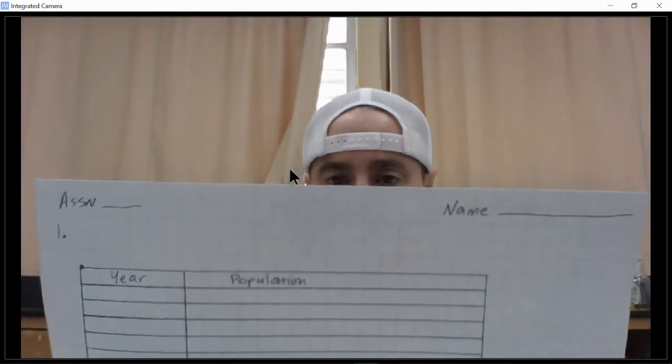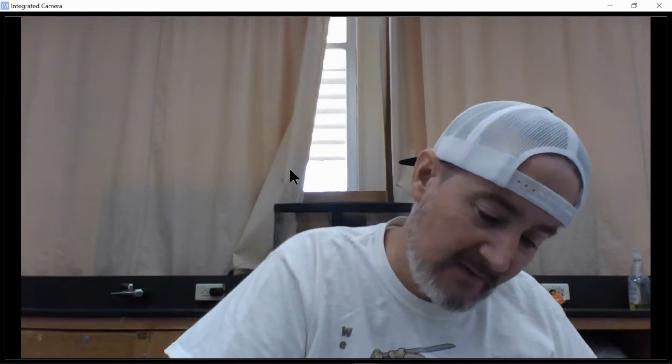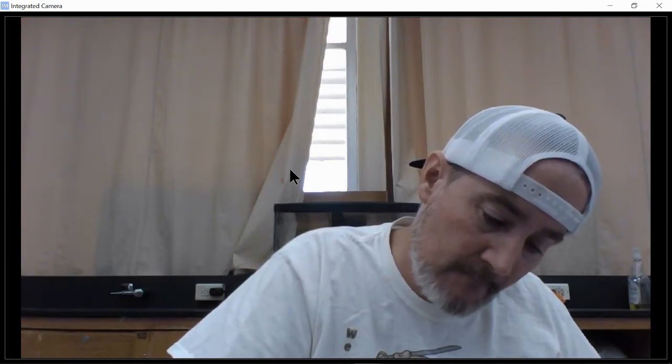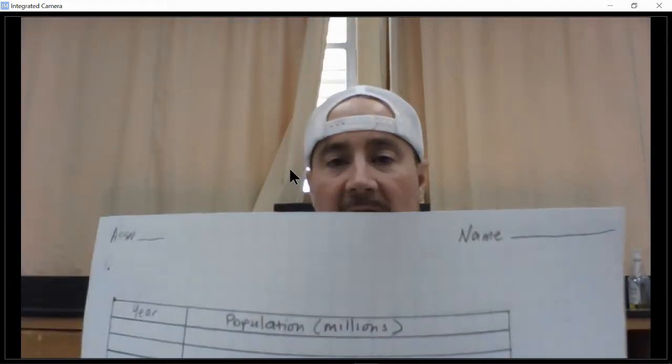And the reason why I'm writing population over to the left is because I have to put another word in there. This is population in millions, okay? So what you need to do is you need to put, after population, you need to put parentheses, millions. All right, so it's going to look like that.